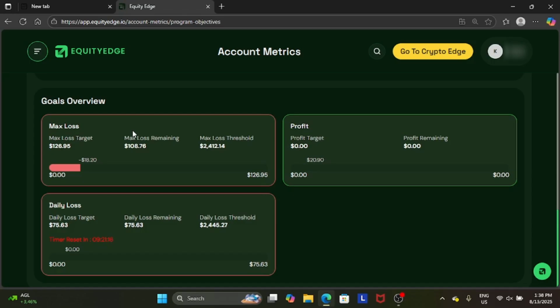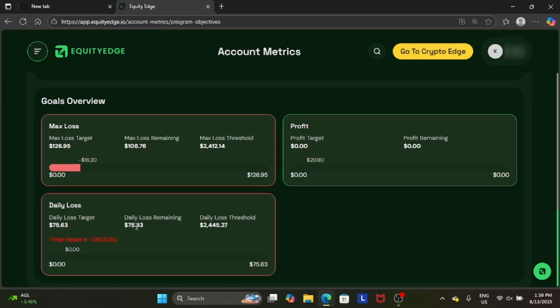The reason I'm risking a bit more now is because of this trailing drawdown, right? I'm trying to have a 20 trade portfolio, not 10. So now this is my current max loss, and daily loss, same, 75. That's the max daily loss.